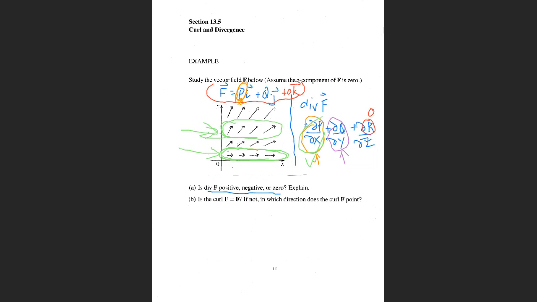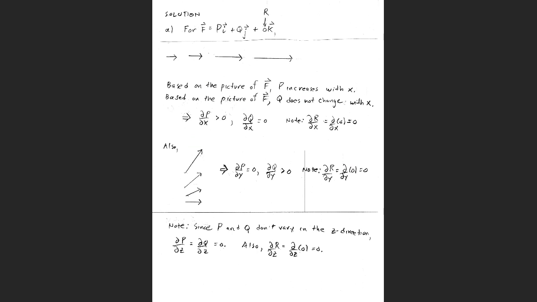Okay, so if I go to the next page here, what I did was I just took one of the levels of the field as a nice little example. Based on the picture of the vector field, the p component increases with x.